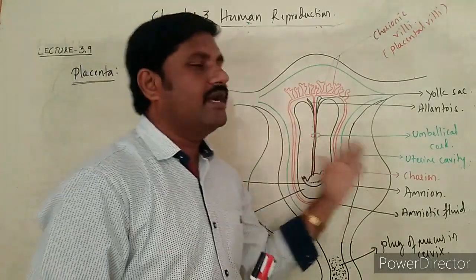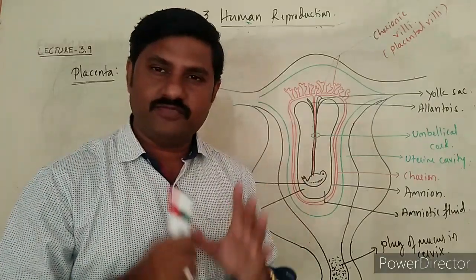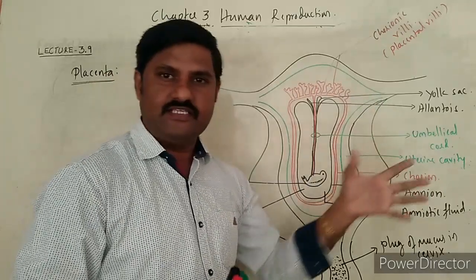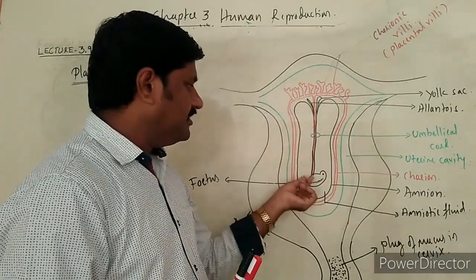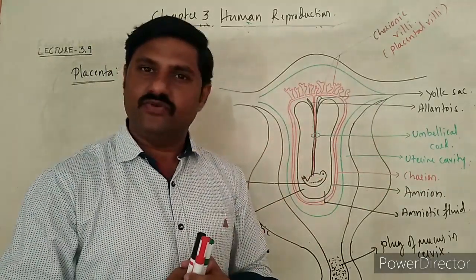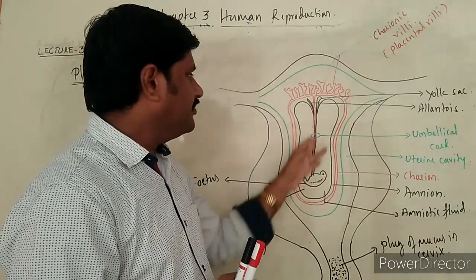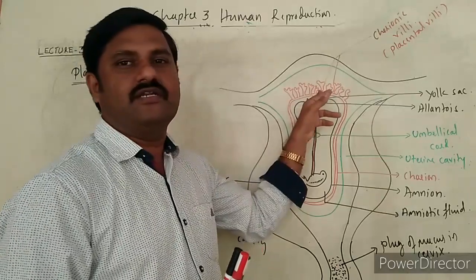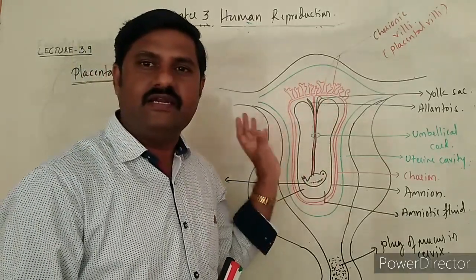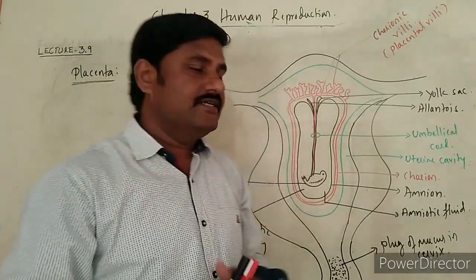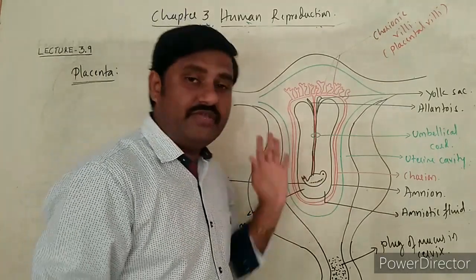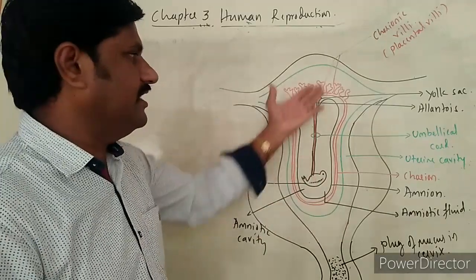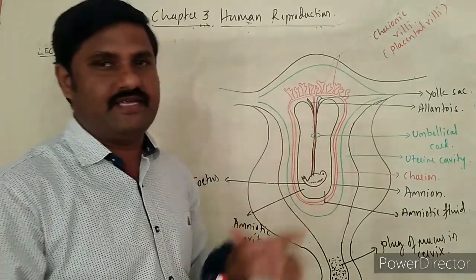Whenever implantation takes place, that confirms the pregnancy. After the pregnancy, the placenta is formed, and simultaneously the development of the embryo is going on over here, and the temporary linkage between the developing embryo and the maternal tissue is taking place, and it is called the placenta, right? So how the placenta is formed we came to know, and all other things other than the placenta, let us observe over here in this diagram.